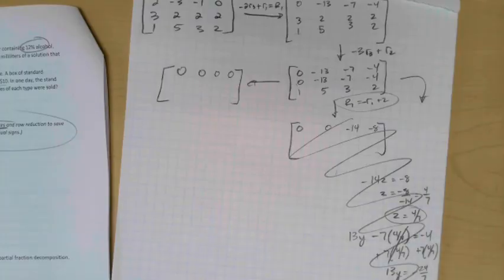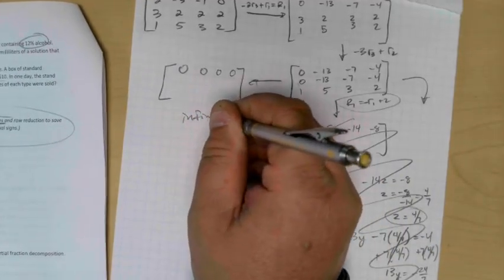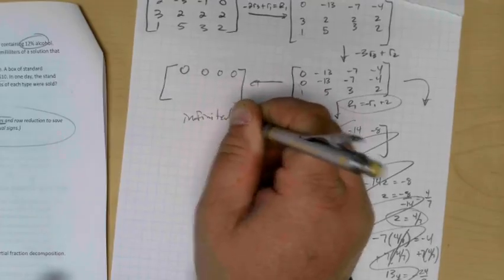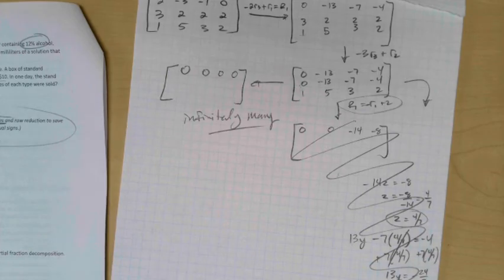Zeros mean that there are infinitely many solutions. Okay, infinitely many. Now, a couple of things. See how easy it is to make a mistake. I missed a negative. Crud.